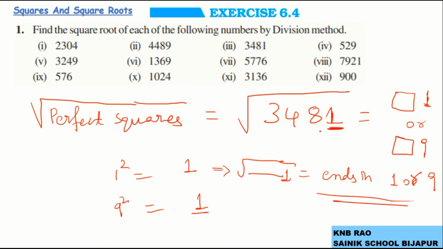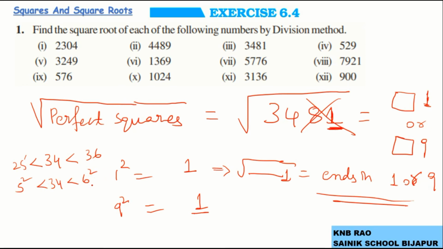Now take away the last 2 digits. What are the leftover digits? Leftover digits are 34, which lies between 25 and 36. That means it is 5 square and 6 square.